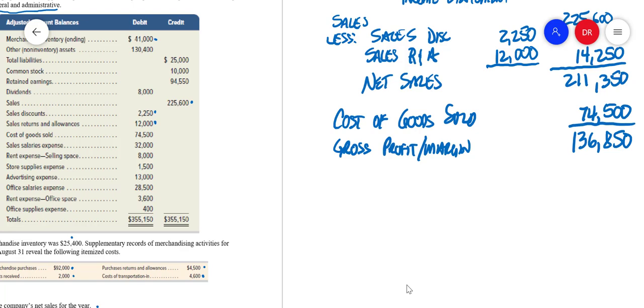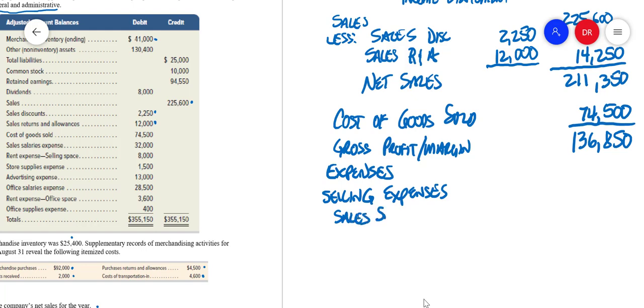Okay, the next thing we need to do is identify the expenses, and we're going to start with those that they told us were selling expenses. So selling expenses include sales salaries expense, which is going to be 32,000.